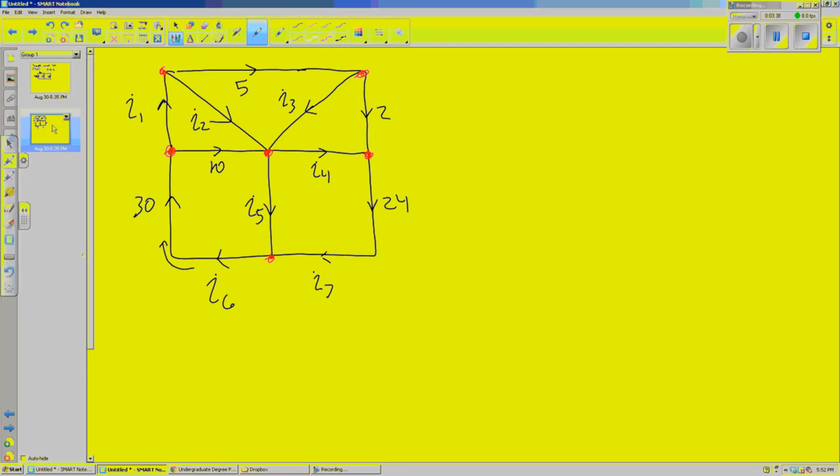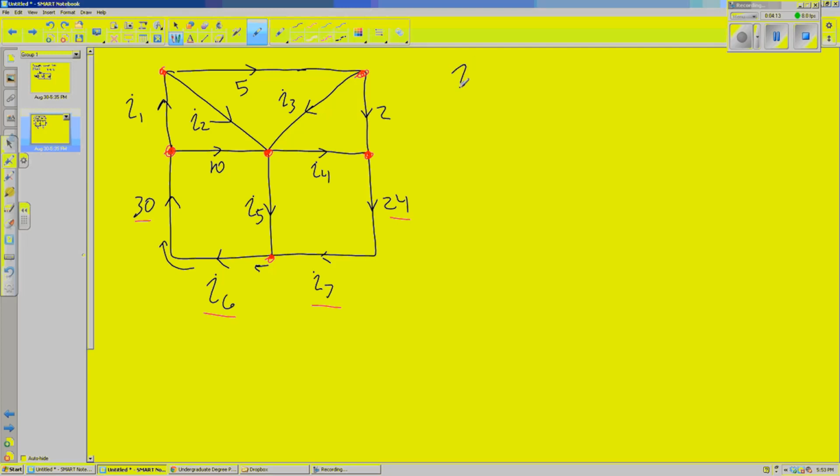To start with, looking at this circuit, I see two unknown currents that are really easy to guess: I6 and I7. The reason is they are on the same branch as two known currents, the 30 and the 24 here. Although the current flows out from a node here, it doesn't go anywhere. So we know that that 30 also must be I6, and the same for I7.